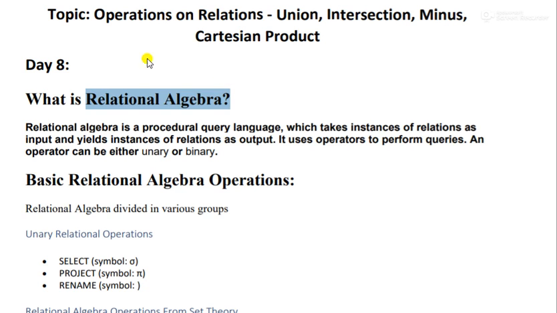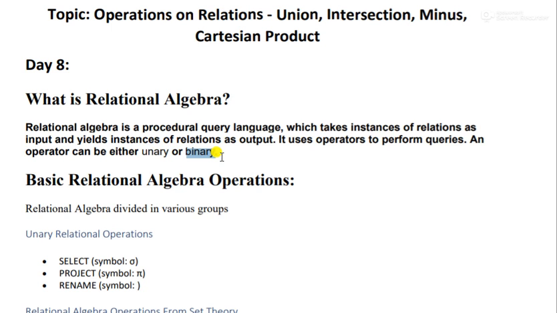It is written over here as a procedural query language which takes instances of relations, meaning tables, as input and yields instances of relations as output. So basically we give an instance as input for a relation, and then we get an instance as the output of a relation.